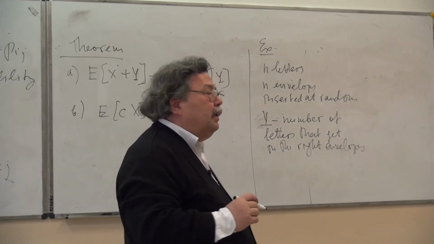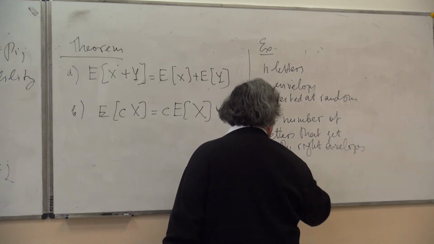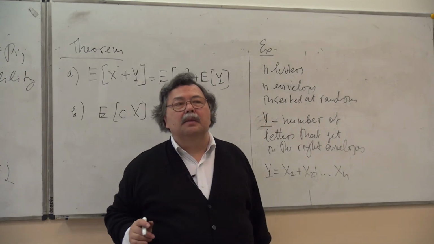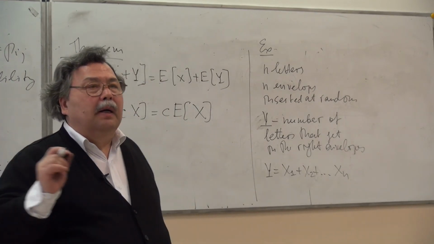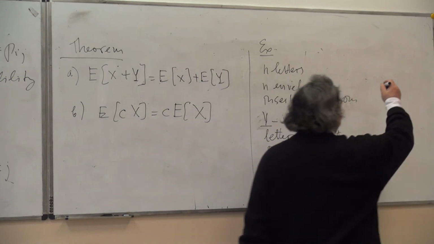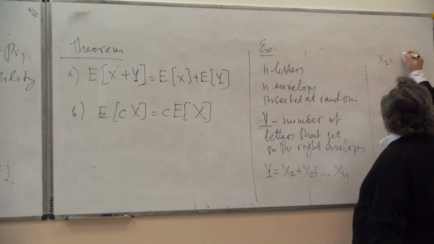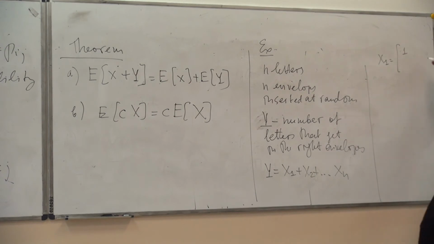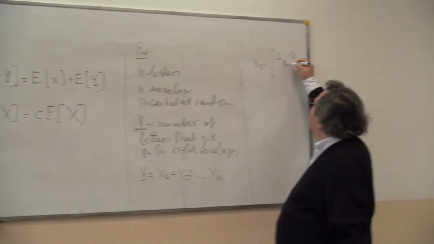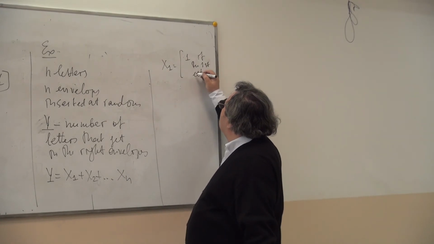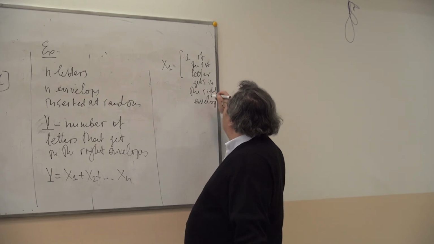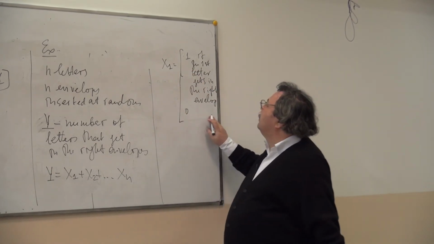Let's present y as the sum x1 plus x2 up to xn, where x1 is defined to be 1 if the first letter gets into the right envelope, and 0 otherwise. Okay, this is the definition.